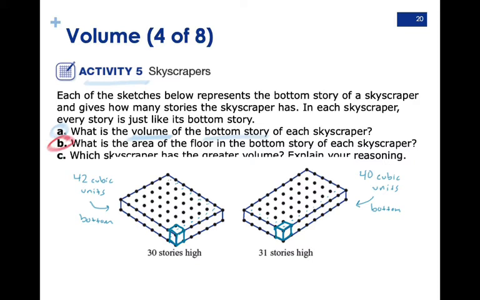And so maybe we'll go ahead and look at this second portion here. It wants to know what is the area of the floor in the bottom story of each skyscraper. So we want to look at the area within there. And it's going to be the same since we're just looking at this two-dimensional.